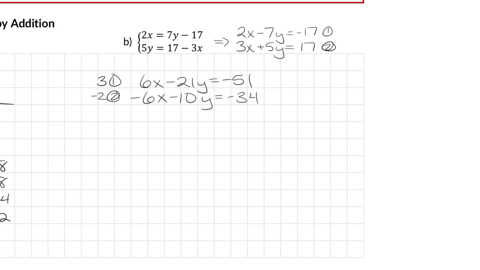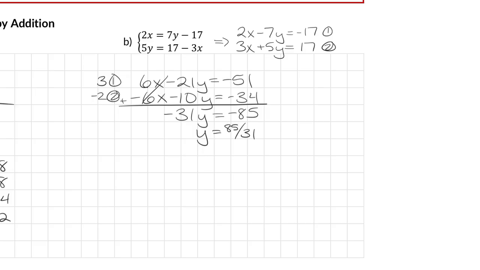Multiplied every single number by that scalar. Now that we did that, when we cancel out the x's by adding, we're going to end up with negative 31y equal to negative 85. We divide by 31, and we're left with the fraction 85 over 31.